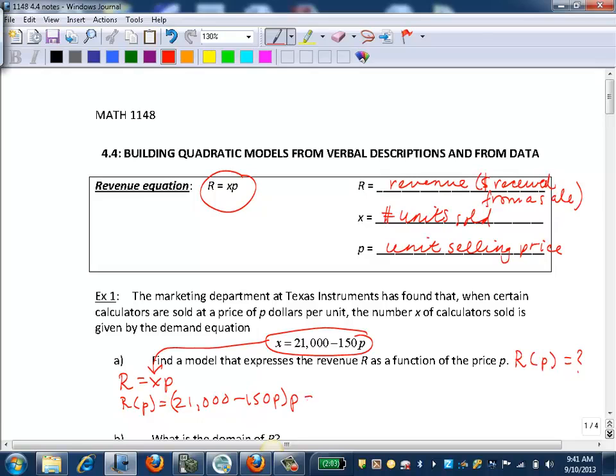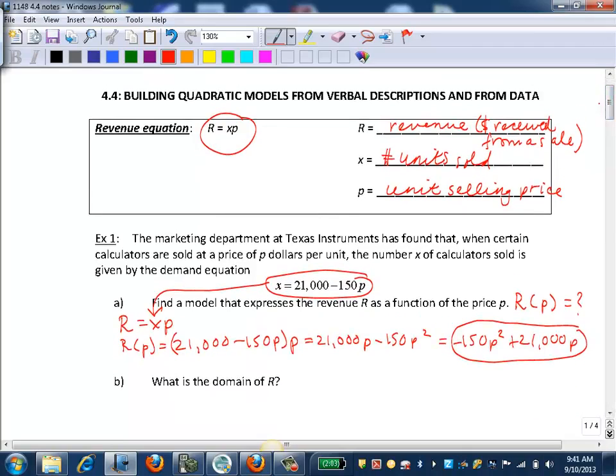So we multiply that out, 21,000p minus 150p squared. And you may want to rewrite that in descending order, negative 150p squared plus 21,000p. Either way is fine, but it might be useful to keep it in descending order for later when we find the vertex. So here's our R of P function.